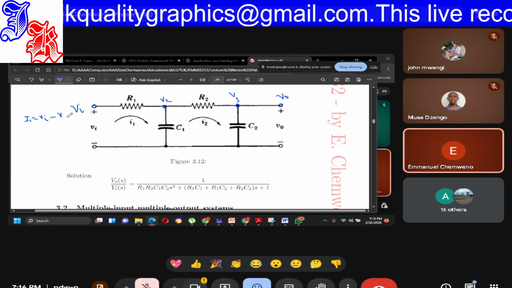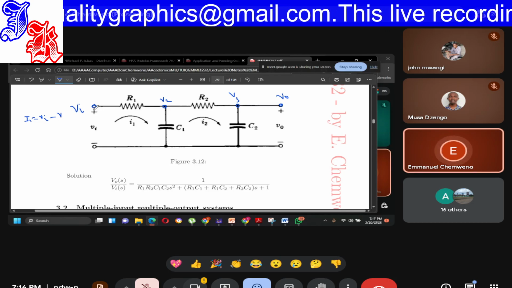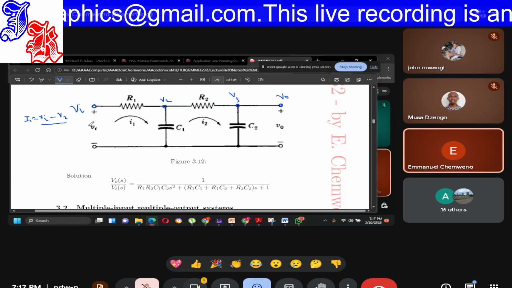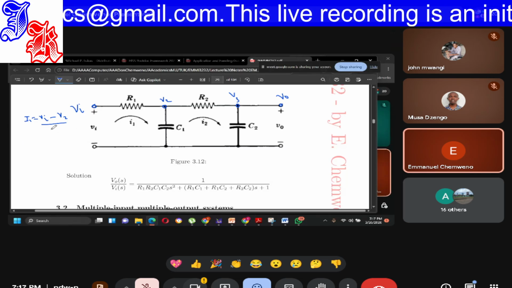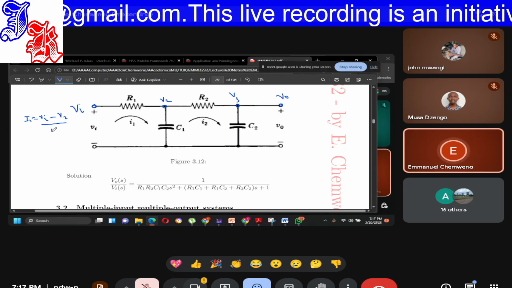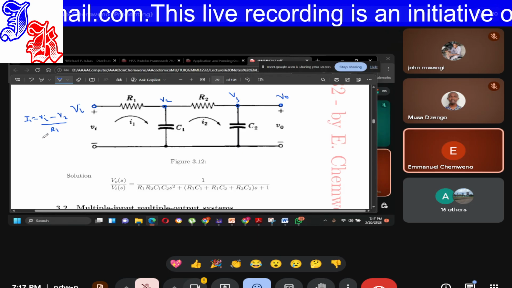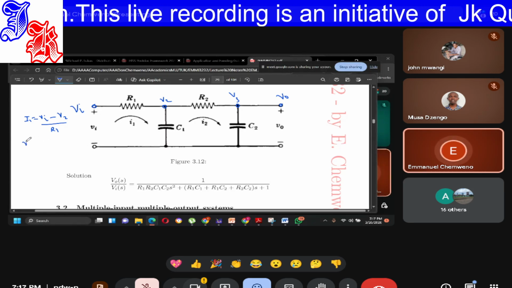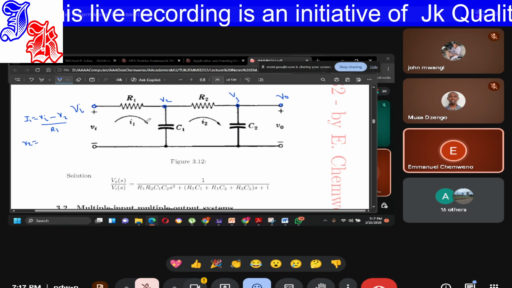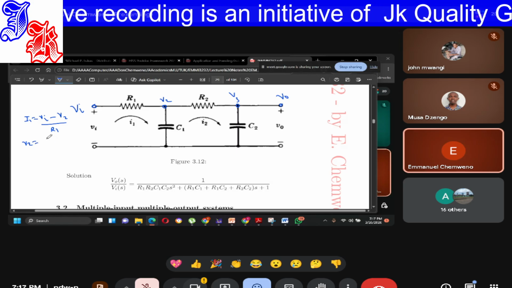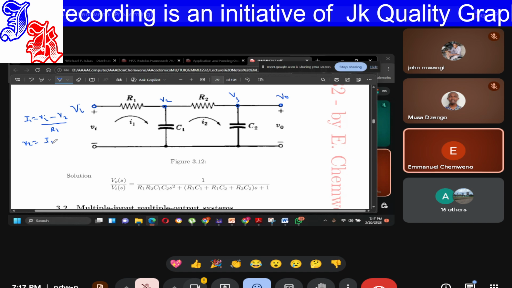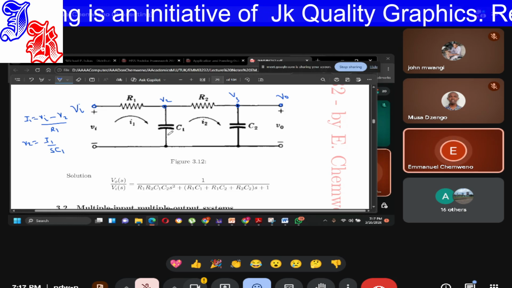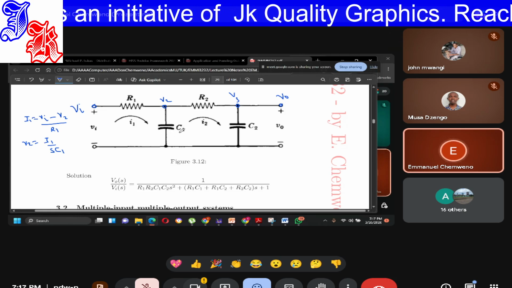So I1 is equal to VI minus V2 over R1. And V2 is equal to I1 over SC1. Is the current times this impedance, which is 1 over SC1.